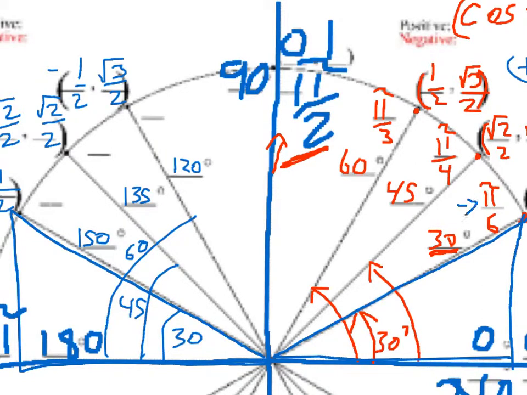If this is pi over 6, this would be 2 pi over 6. So 30, 60, 2 pi over 6. And this would be 3 pi over 6, which is pi over 2. That makes this 4 pi over 6, or 2 pi over 3. And it makes 150 5 pi over 6.